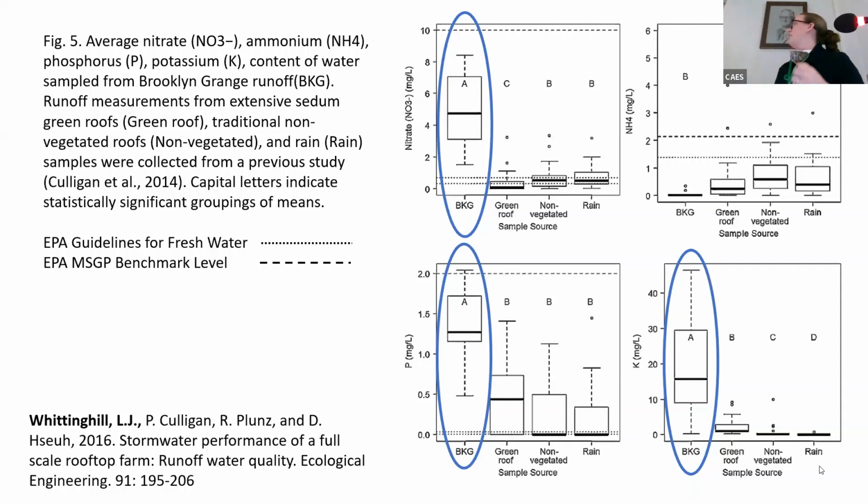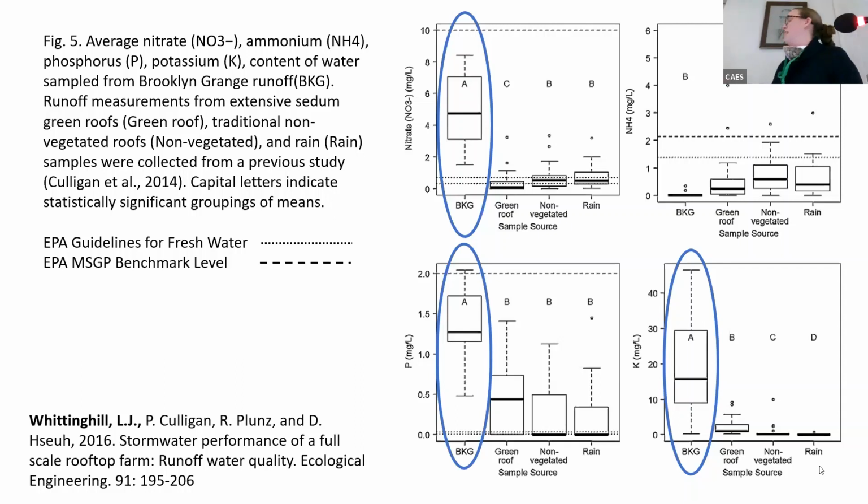But we did see a significant increase in nitrates, phosphorus, and potassium from the agricultural roof compared to 3 ornamental green roofs, including that USPS roof from the previous graph, a non-vegetative roof control, and the rainwater. When I talked to the Brooklyn Grange farmers, I got an idea of what fertilizers they were putting into the roof.